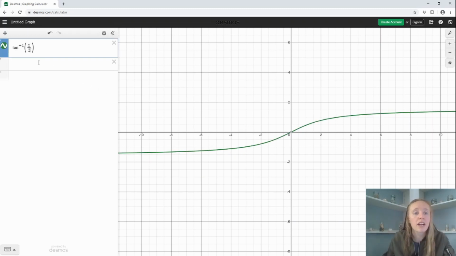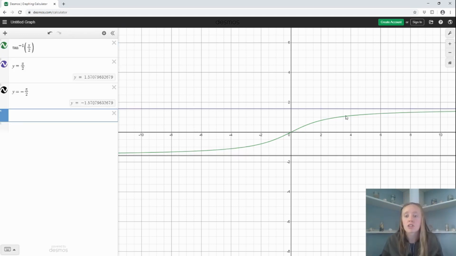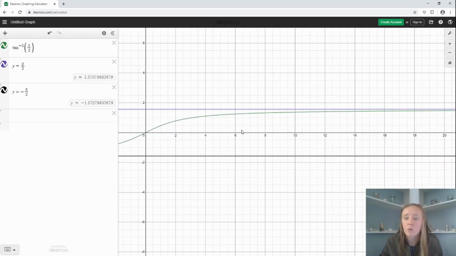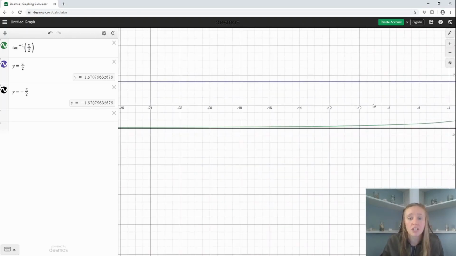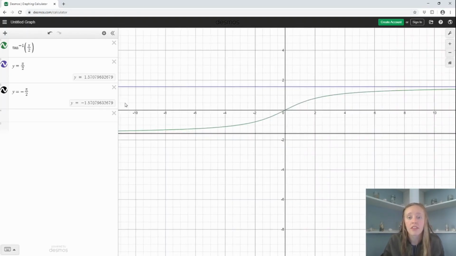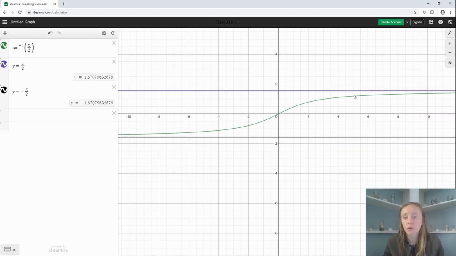Let me graph each of those lines really quickly so you can see that indeed we're approaching pi over 2, that purple line, and negative pi over 2, that black line. So as x approaches positive infinity, we're going towards a positive pi over 2, and as x approaches negative infinity, we're going towards a negative pi over 2.